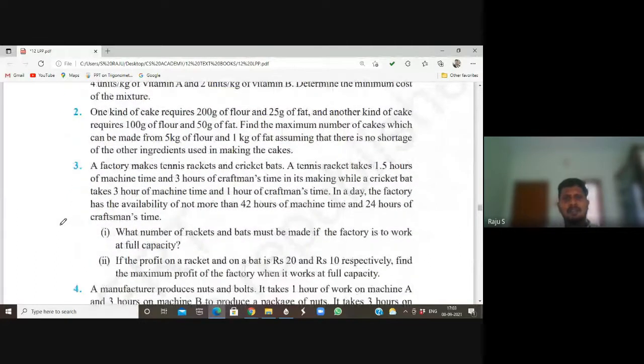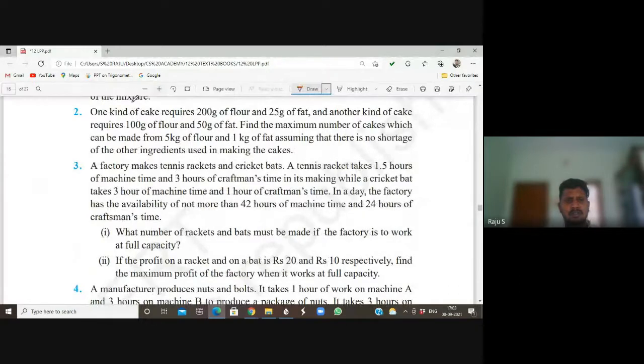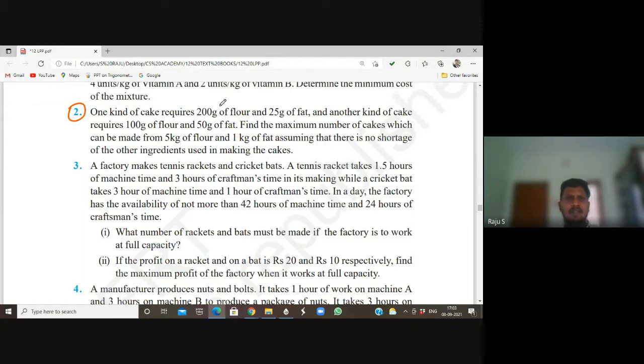Let us see any question, number 2 or 3, 4, something. Okay. First, let us see question number 2 alone. One kind of cake requires 200 grams of flour and 25 grams of fat. And another kind of cake requires 100 grams of flour and 50 grams of fat.